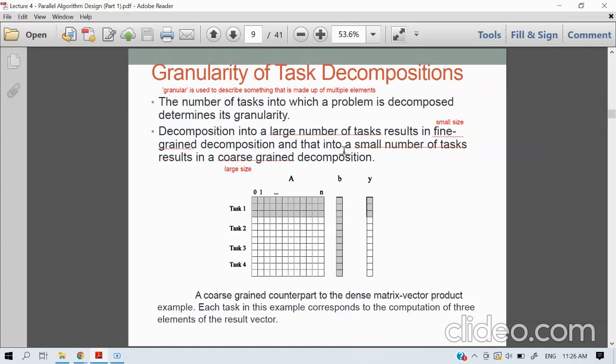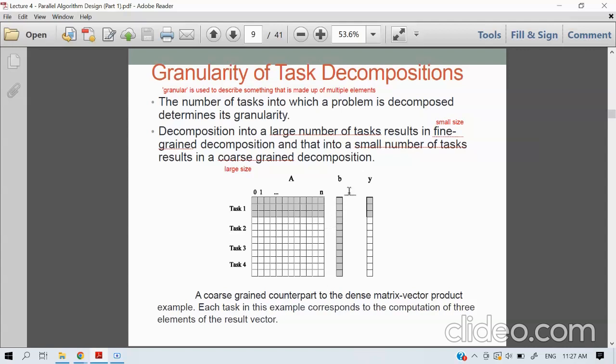Coarse grain is actually a small number of tasks. It means if one problem is decomposed into several tasks, but there are not so many tasks, it is called coarse grain. Okay, so a coarse grain counterpart to the dense matrix vector product example: each task in this example corresponds to the computation of three elements of the result vector.